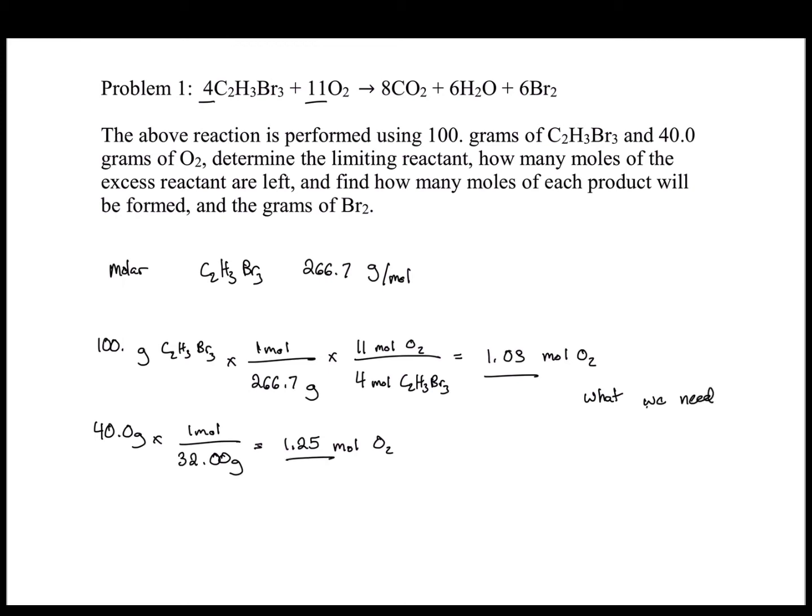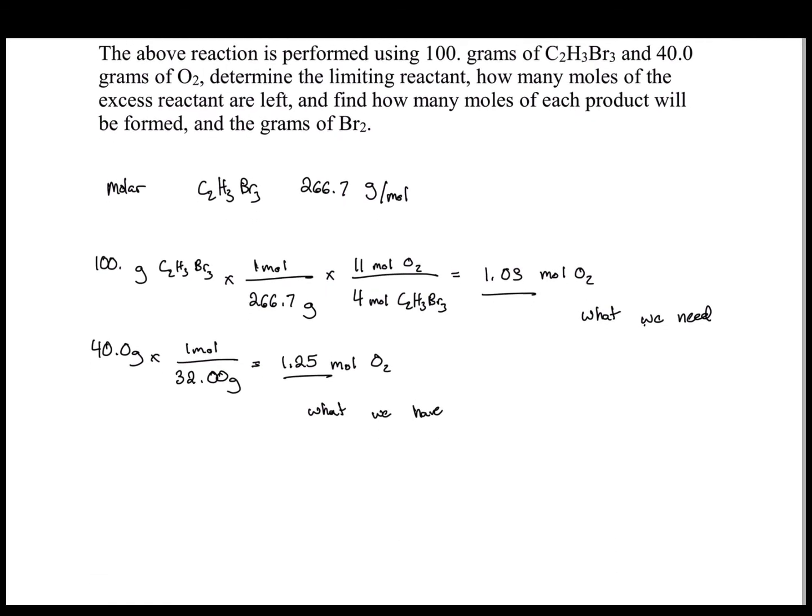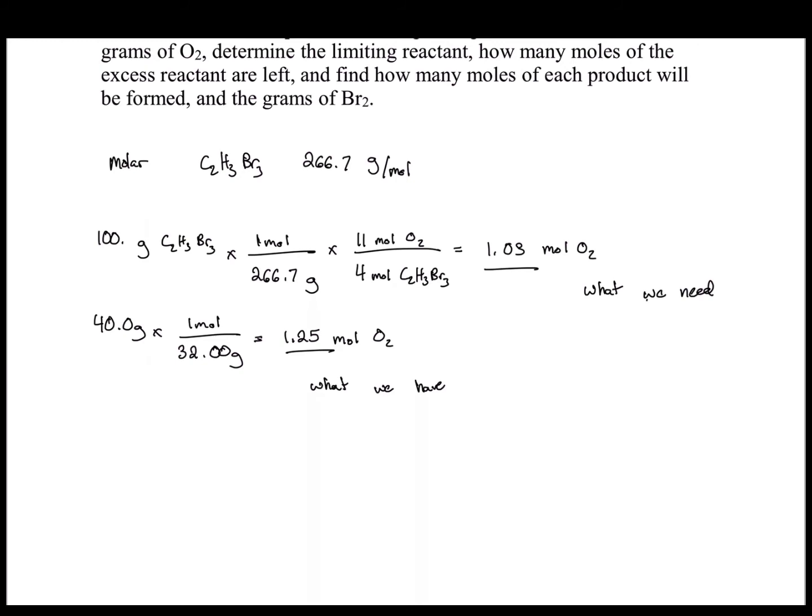This right here is what we have. So since we have more oxygen than we need, we can say that our C2H3Br3 is our limiting reactant, and our O2 is our excess.